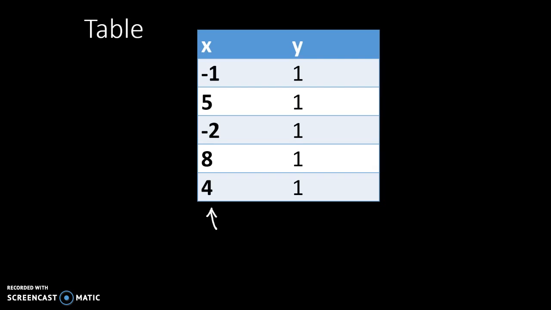It's okay for different x-coordinates to give me the same y-coordinate, but it's not okay to be confused about it if I tell you an x-coordinate. So for example, if I tell you x is -1, you can tell me right away that y is 1. If I tell you x is 5, you can tell me y is 1. So this particular table is a function because each x-coordinate gives me a y-coordinate.